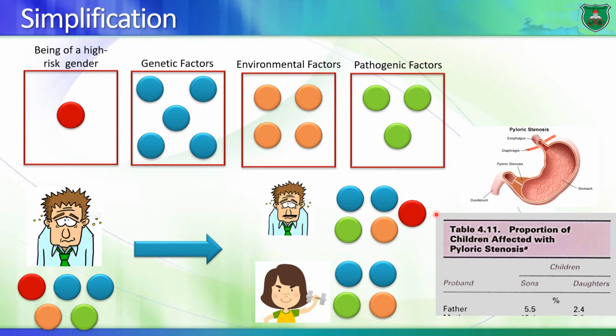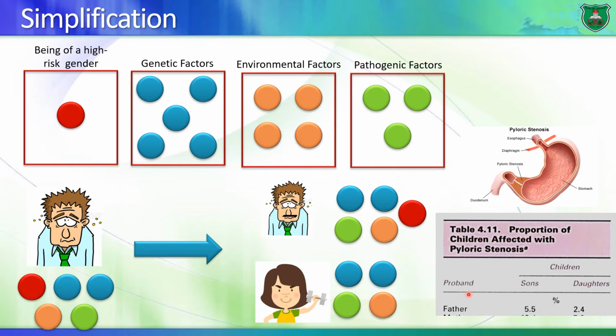So this person would have the maleness factor associated with the disease, facilitating this person in developing this disorder. Notice that this female right here, the sister, let's say, has the same genetic component as both of them, but she doesn't have the gender factor.